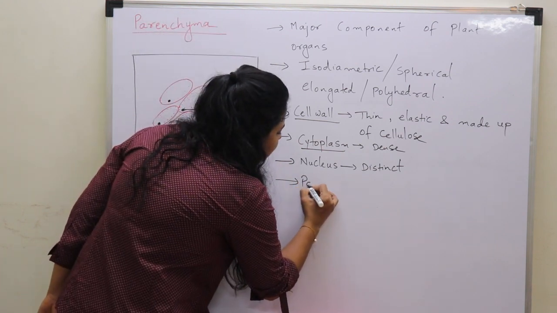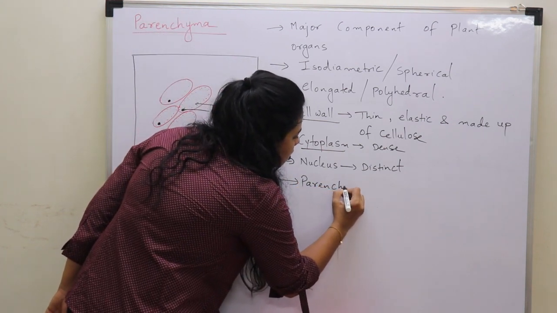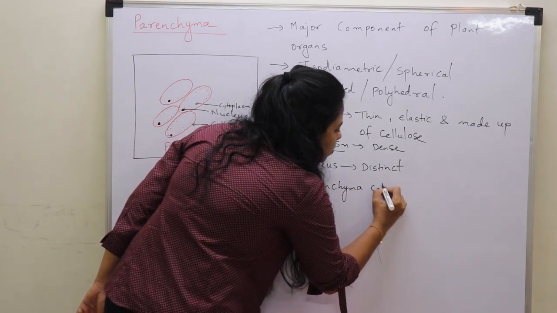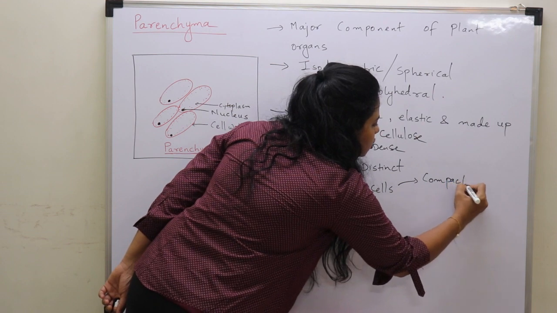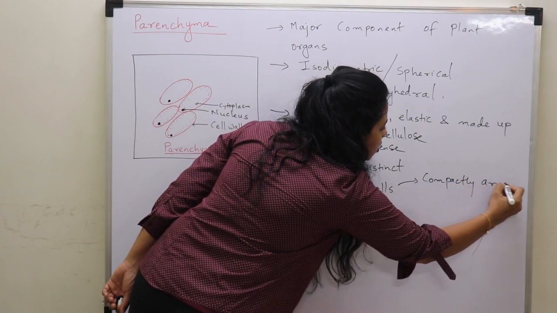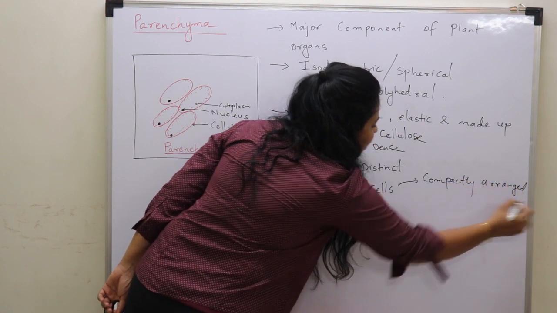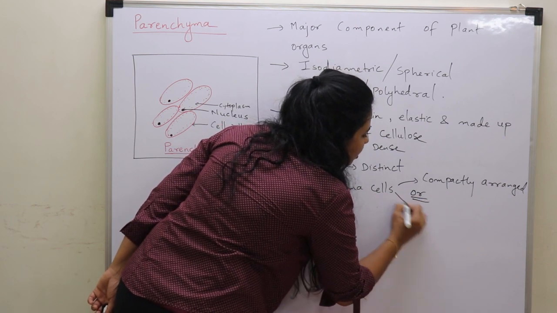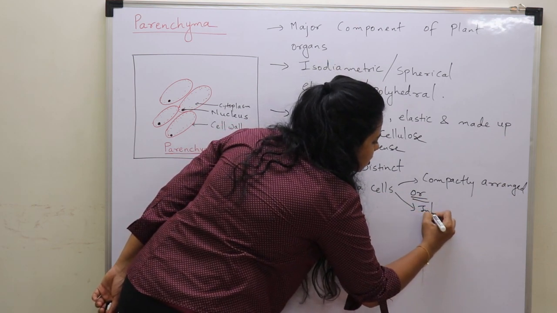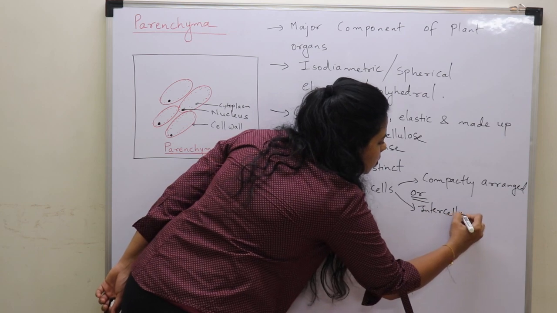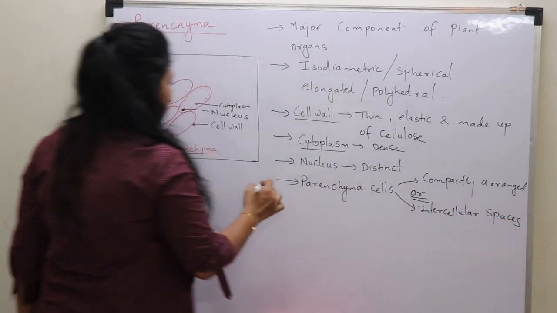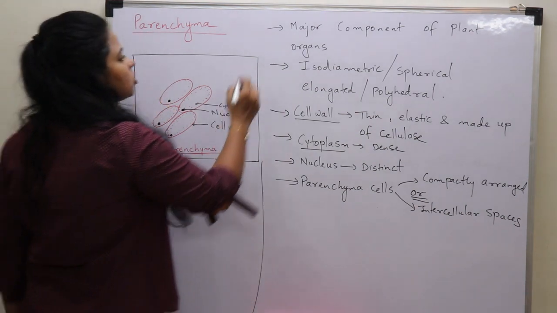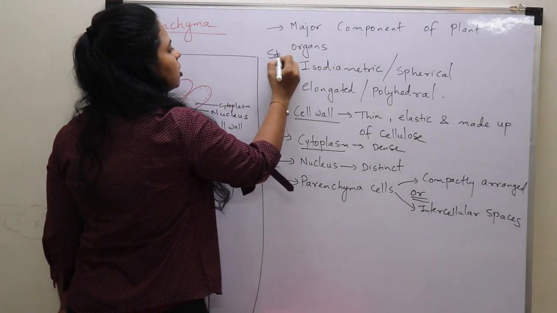Parenchyma cells are compactly arranged, or they might have intercellular spaces. So, this is all about the structure.